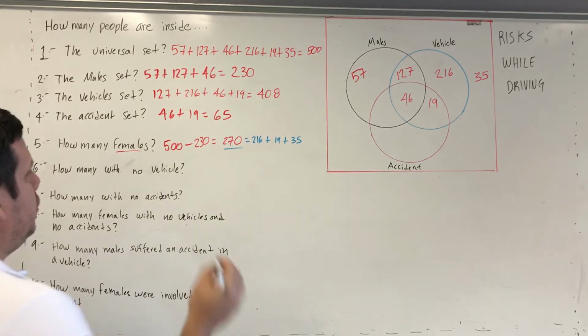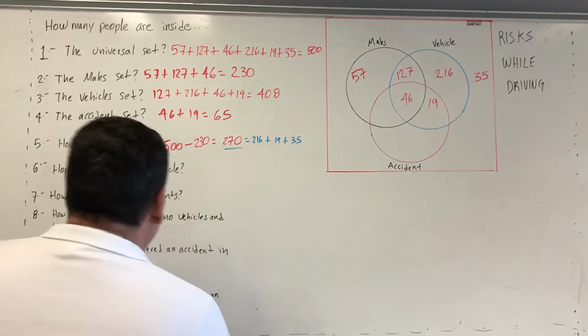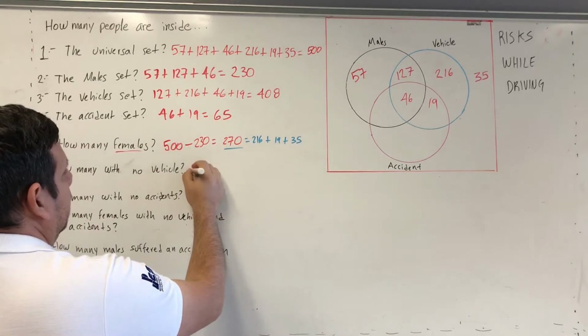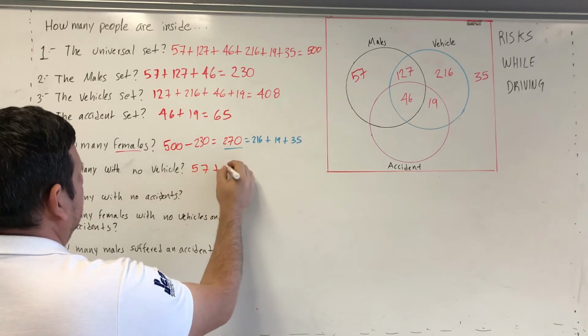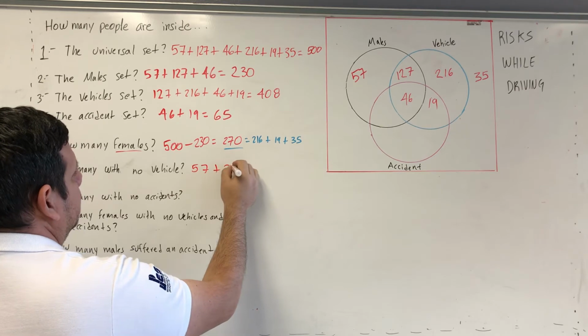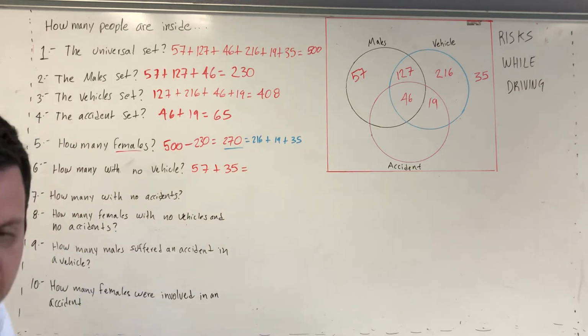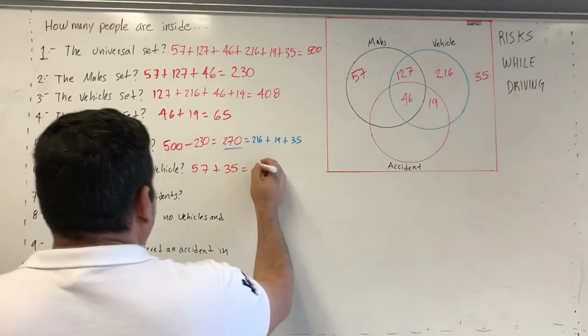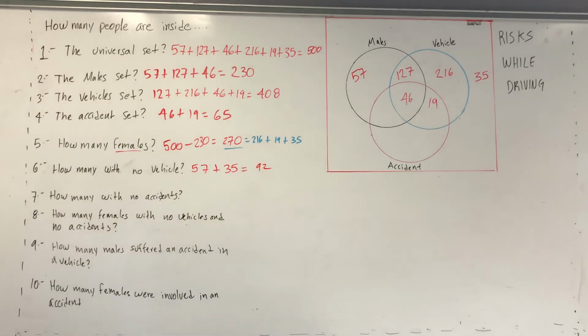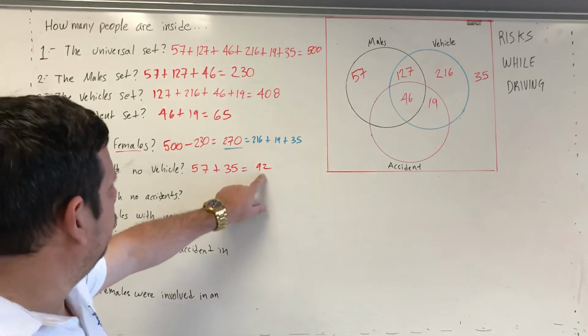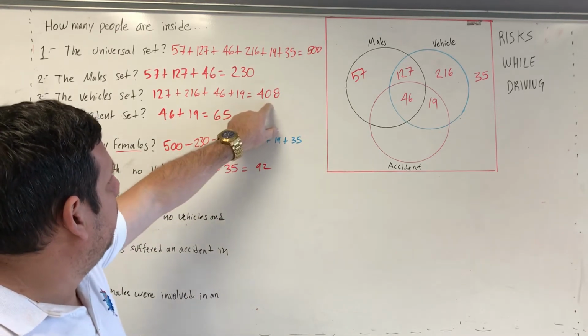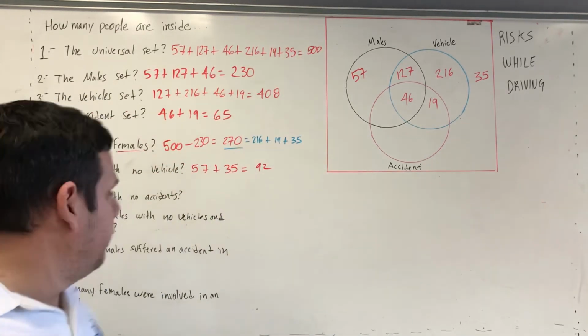So just add this plus this: 57 plus 35, and we have 92. We have 92 with no vehicle. If you add 92 plus 408, you have the universal set, which is 500.